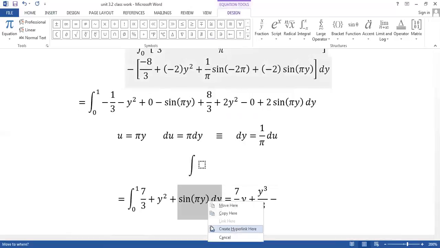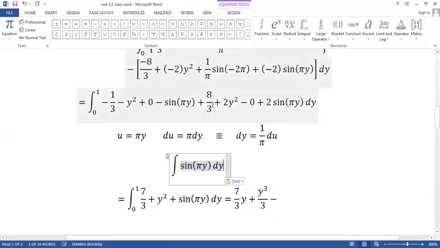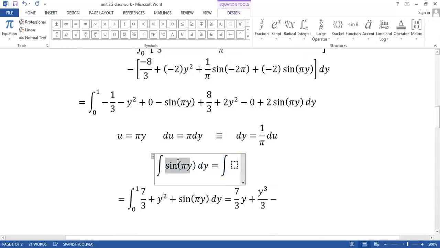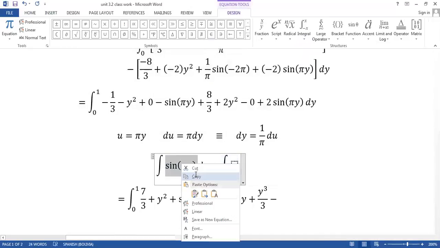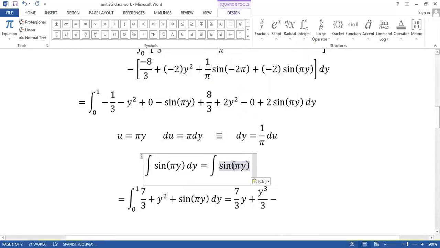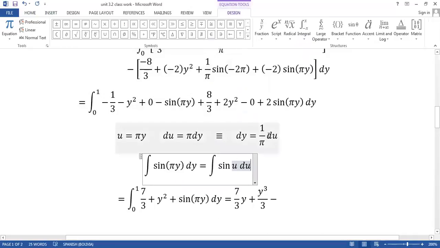Copy, paste. The integral of that is equal to the integral of this, and I'm going to change this and make this u, du. But there's a 1 over pi here, so I'm just going to put it outside.